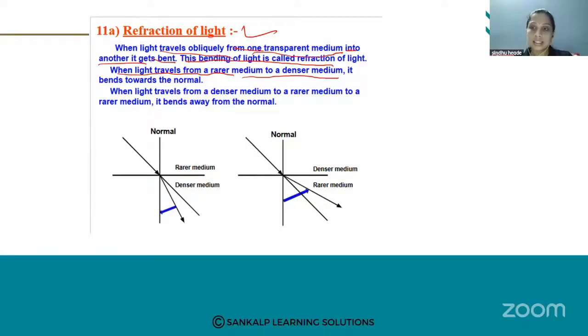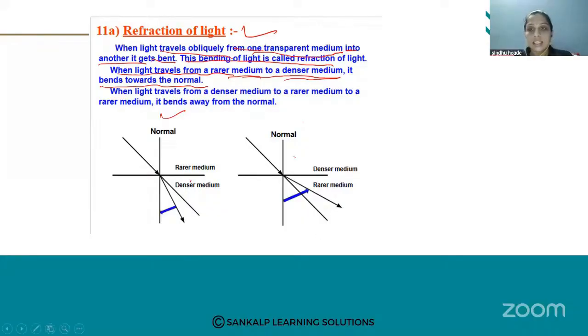First medium is denser, second medium is rarer. Okay, this time we consider one rarer medium and another denser medium. It bends towards the normal. Here we consider one normal in between these two mediums. Okay. Here we draw one normal.